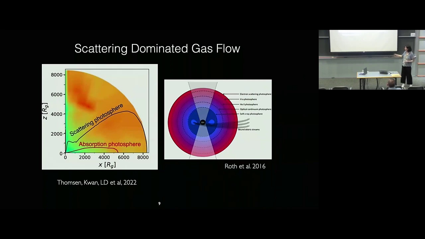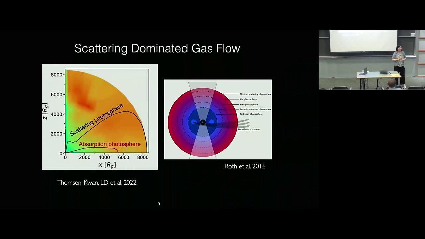So a lot of this absorption photosphere is in that initial disk setup region. But the scattering photosphere, a lot of that is in the wind region, which is launched from the inner disk. I also want to mention this is an illustration, and it's assuming a thermal gas condition, but it's actually not thermal, right? So all these effective photospheres are just for illustration mainly.